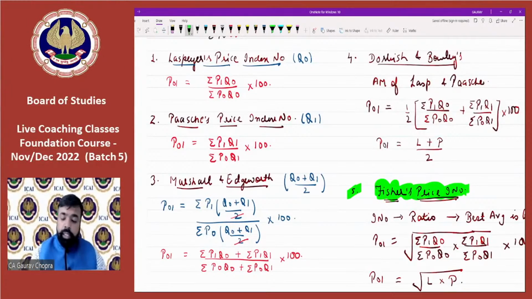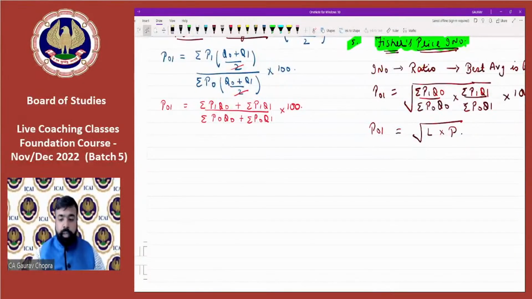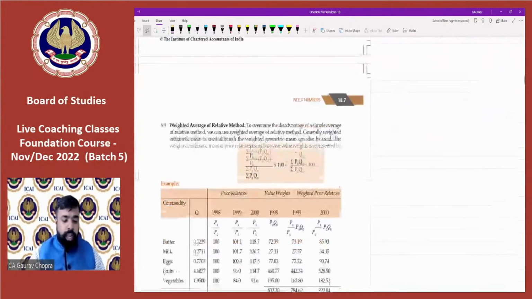Fisher index is denoted as the best method, or we can say the ideal index number. Fisher is known as ideal index number. So now, all these we have done.